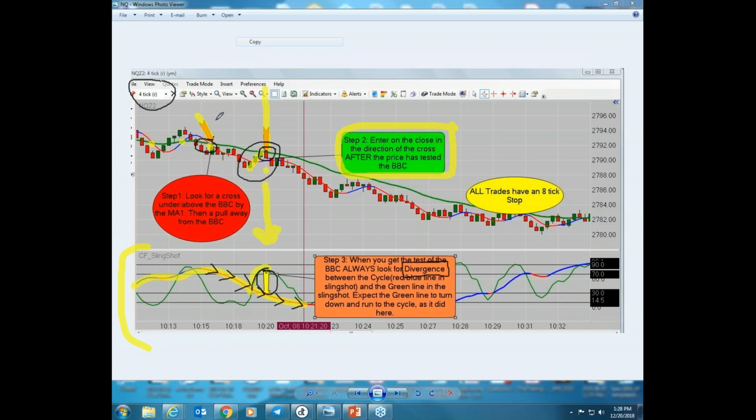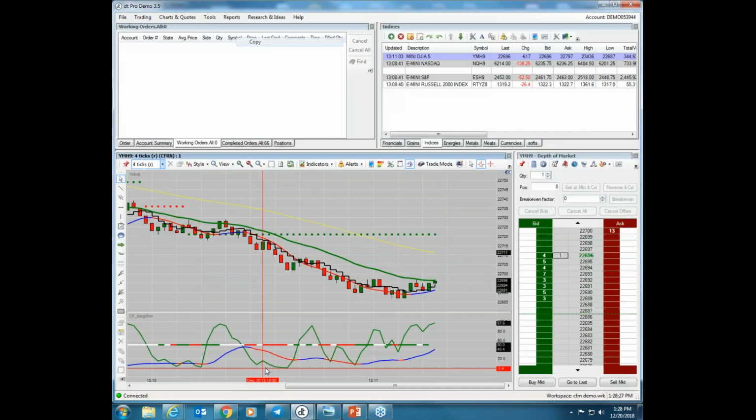When all these 3 things align, there's nothing else to do but to go inside the DOM, which is this thing here, and get short. We get short by left-clicking in the red, and we make money if the market goes down.